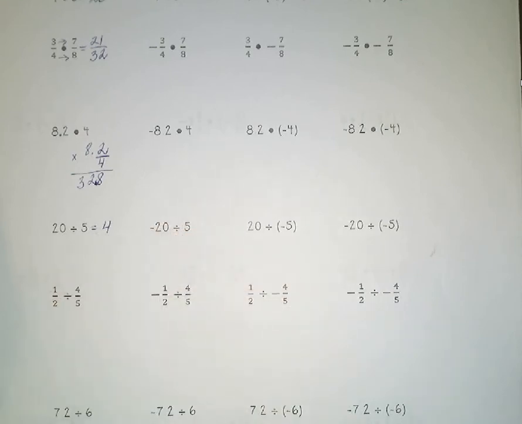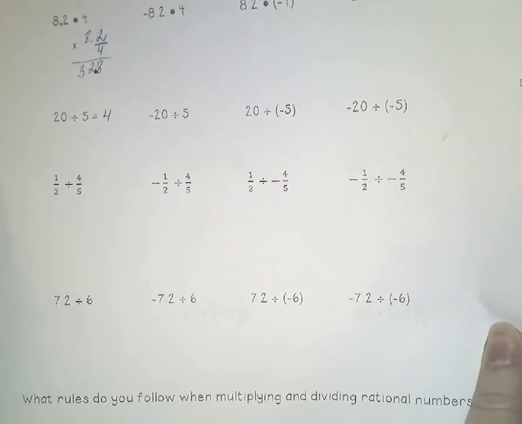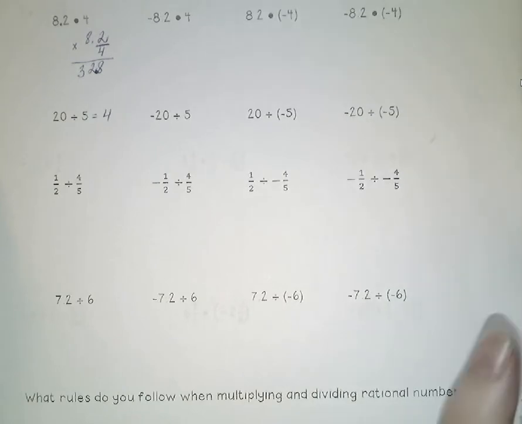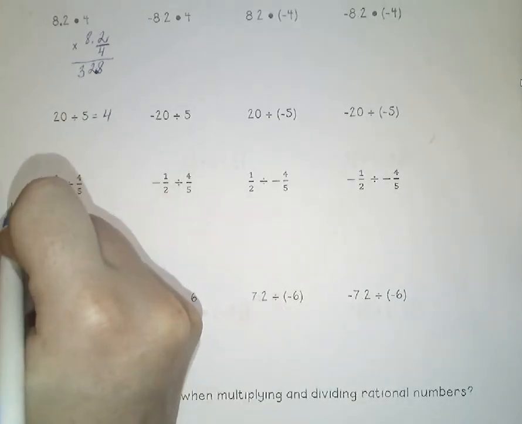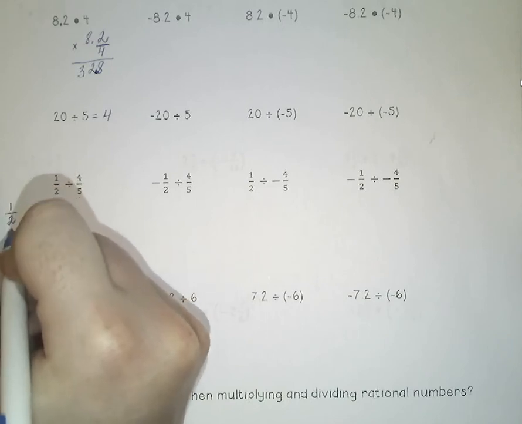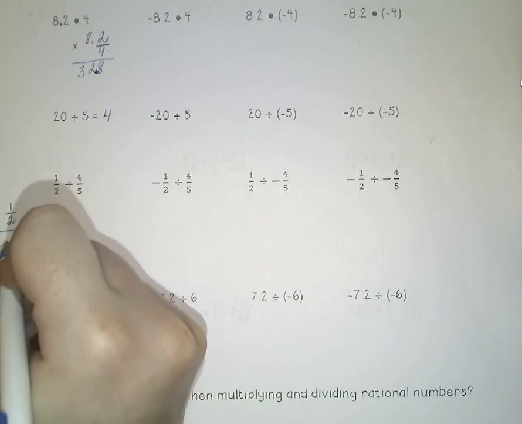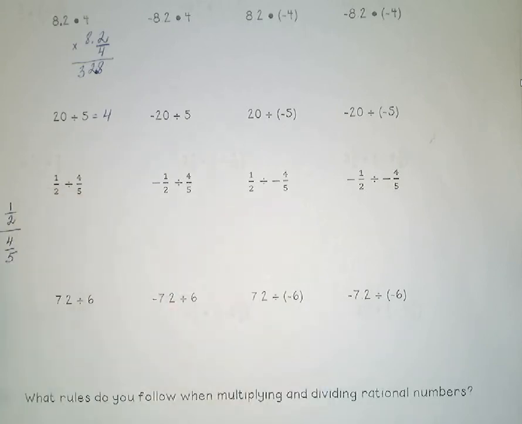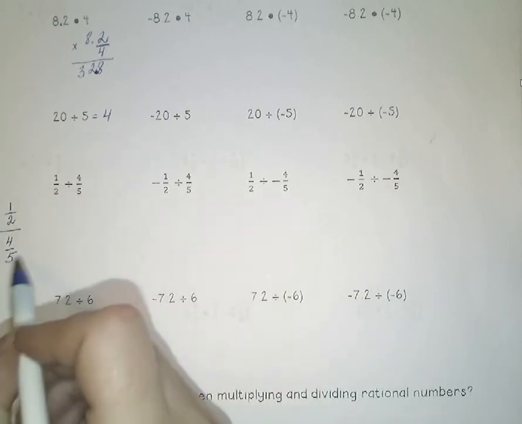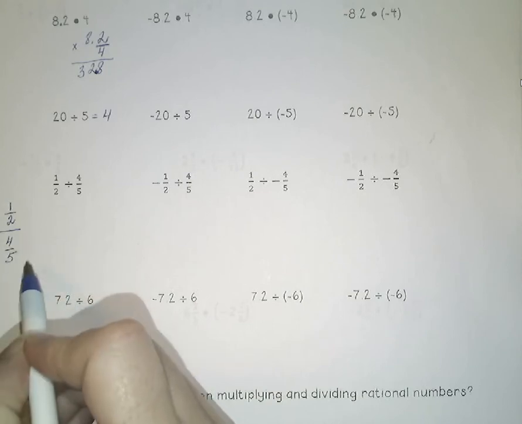1/2 divided by 4/5. Now, remember how we do a complex fraction. We don't do division this way, so I will just rewrite it this way. 1/2 divided by 4/5. And this way you see that you want to get rid of that number in the denominator. You want to get rid of 4/5.